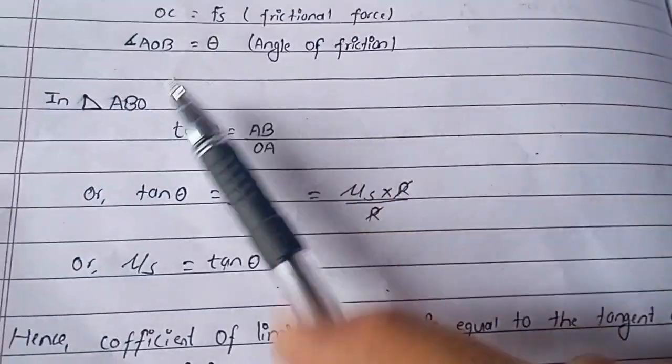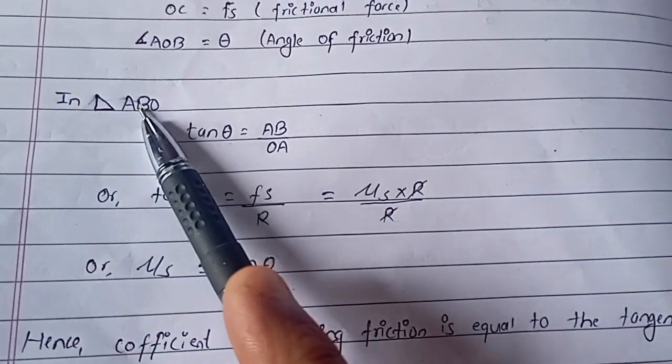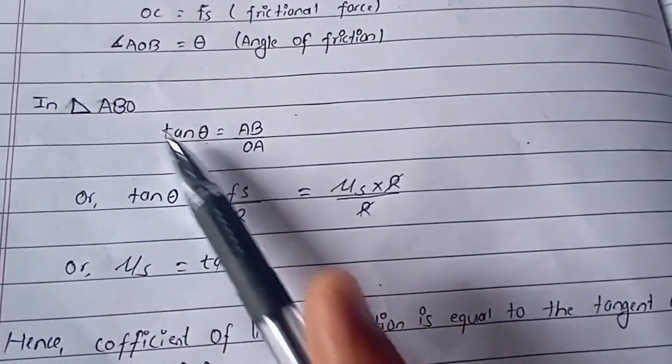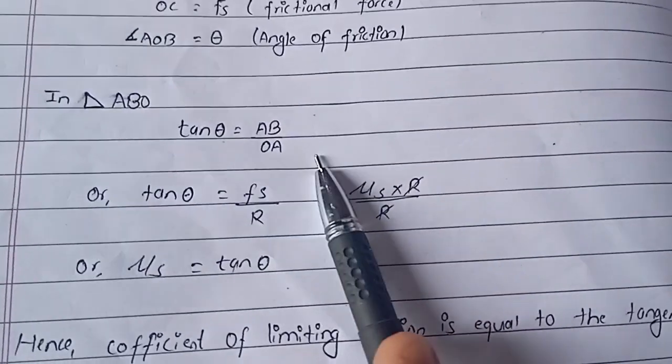Let's go to the derivation. As you can see, in triangle ABO, tan theta is equal to AB upon OA.